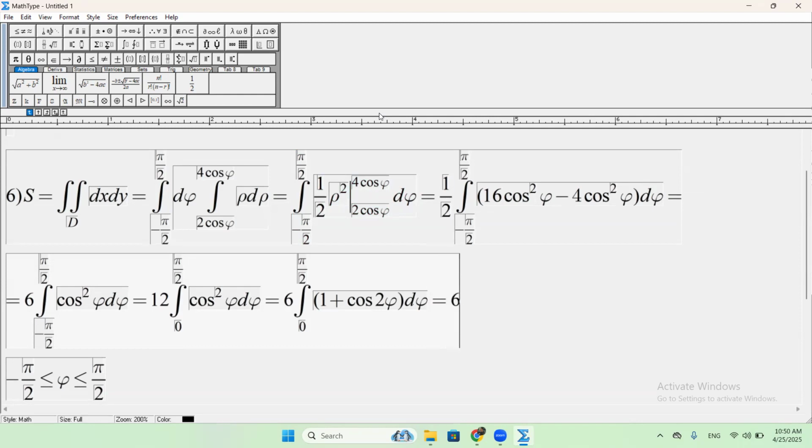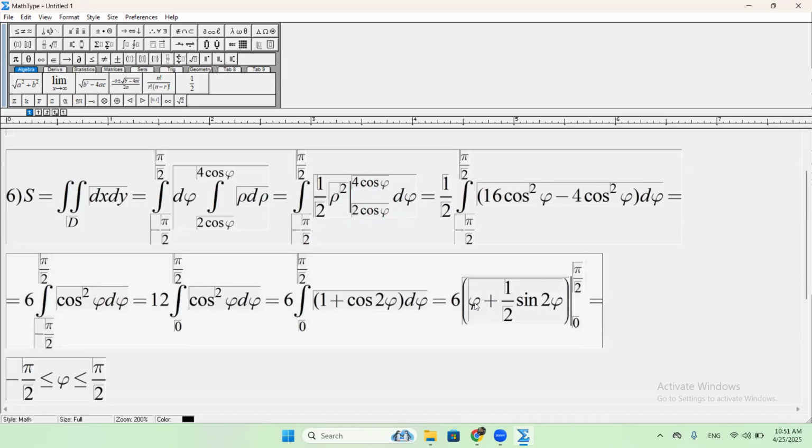So now integrating it, the antiderivative will be the following, with substitutions from 0 to π over 2: phi plus 1 over 2 sine of 2 phi.